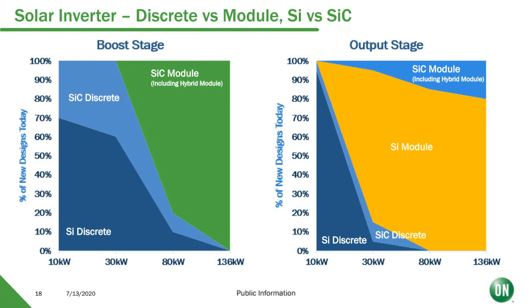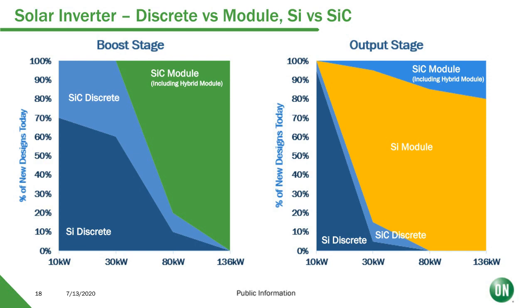The reason we see IGBTs being used more here is just the fact that it's operating at slower switching frequencies, and you may not be getting all the benefit you could see in silicon carbide, since it's a lower operating frequency as compared to a boost stage implementation. But we do see silicon carbide making it into some new designs, and we see this trend increasing as cost comes down and as they move into higher power levels. Silicon carbide usage is increasing.